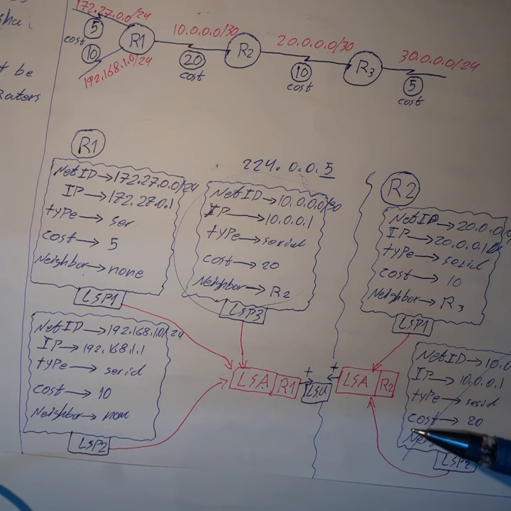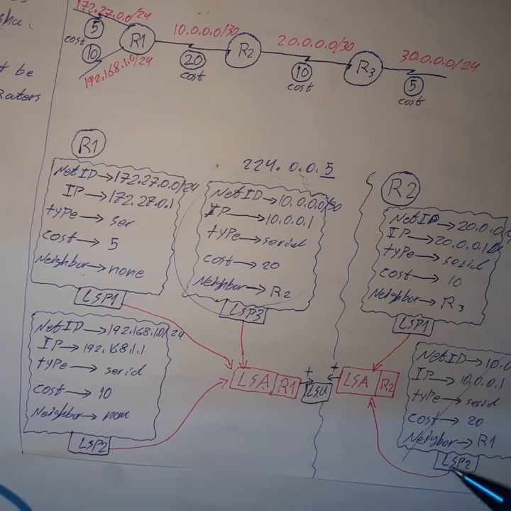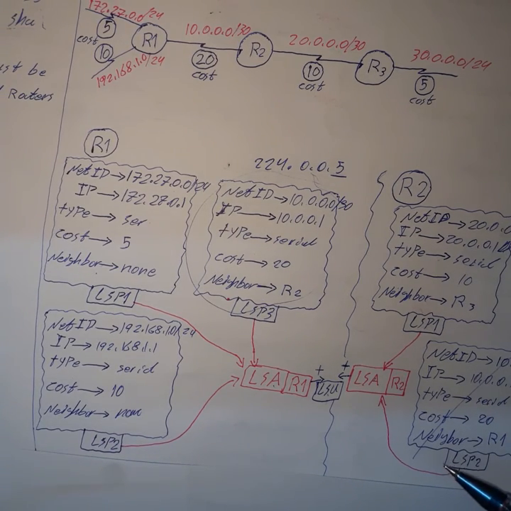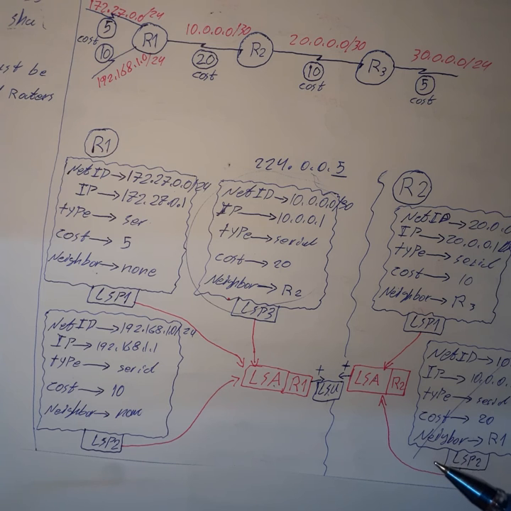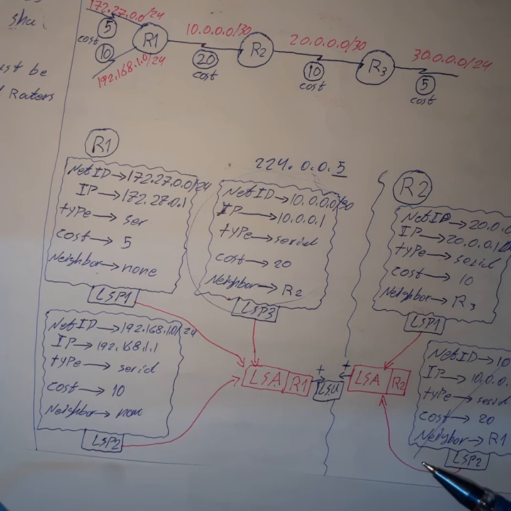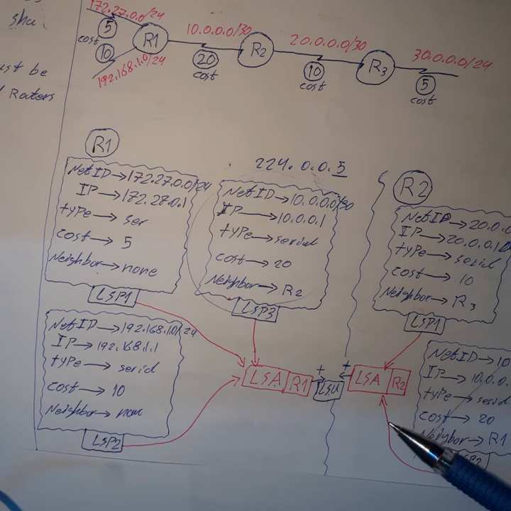Now this LSDB, they put it in each one's topology table to use when sending a message, so that they know the best path. And for that, OSPF has all the information from each router to the others.